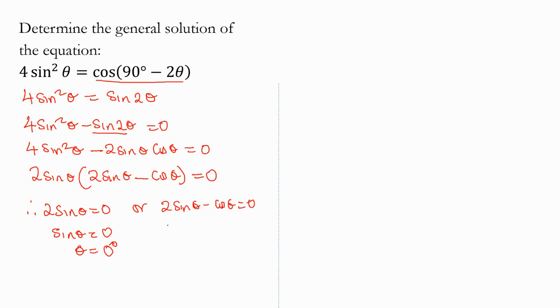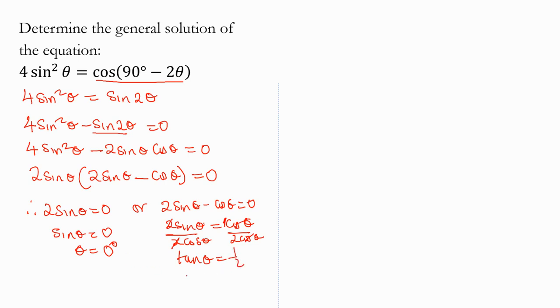So it becomes 2 sine theta is equal to cos theta. And then we can divide by 2 cos theta on both sides of the equation. This cancels, and we will remain with tan theta is equal to 1 over 2, so half.